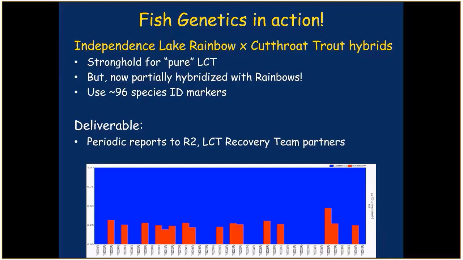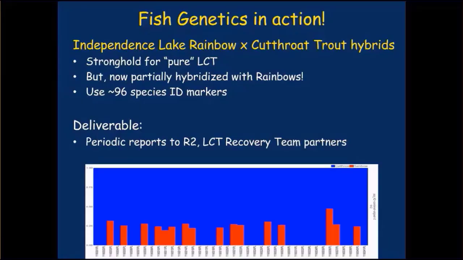We're trying to physically block them from spawning, individually PIT tag them, and take a tissue sample, so that we can genetically test them and determine, is this actually a pure LCT or is it a hybrid? That way, when that fish shows up again, they know who should be allowed to spawn and who shouldn't. It's a lot more complex than that, but this is one that we're actively involved in.